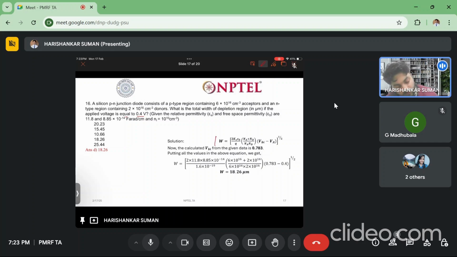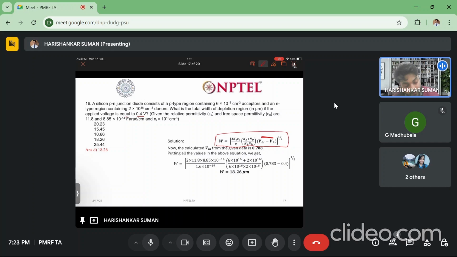So this is the formula for depletion width: W equals the square root of 2 Ks epsilon by q, times the sum of acceptor and donor divided by their product, multiplied by the effective potential at the junction.